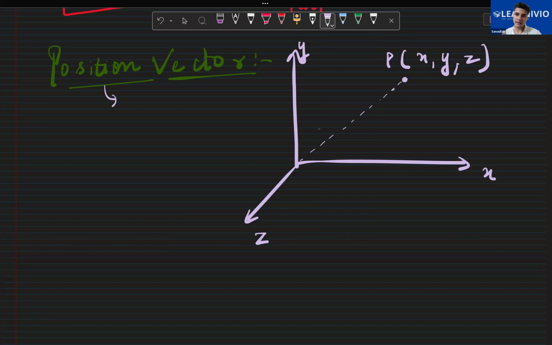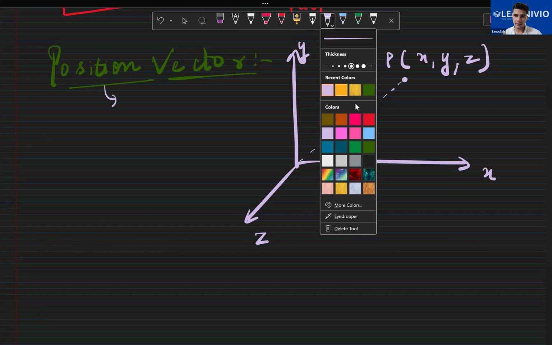If you want to find the position of this point P in your plane, the position vector tells us where your point is located in a Cartesian plane.